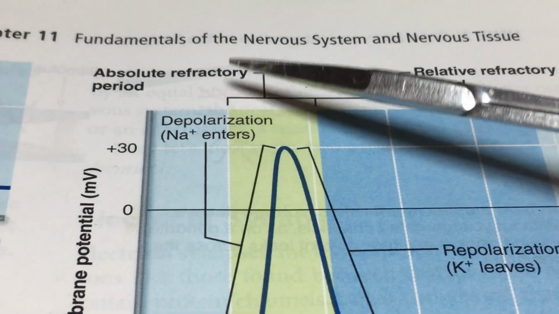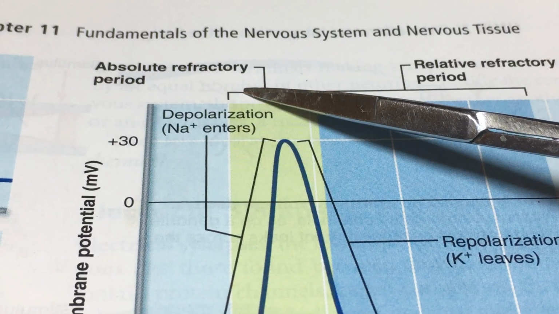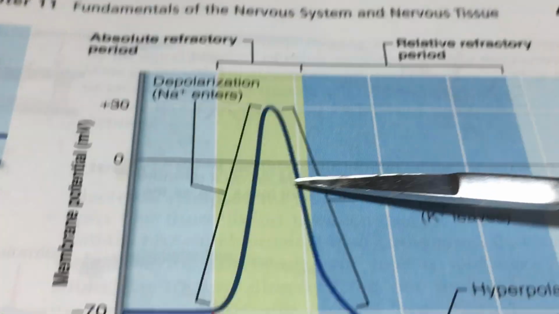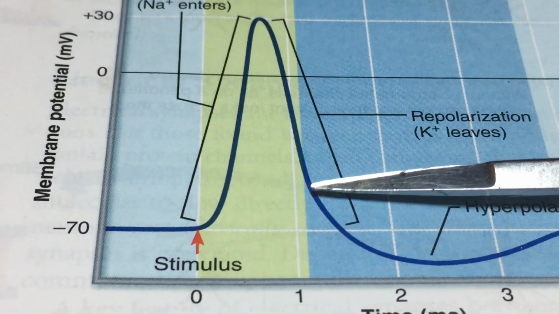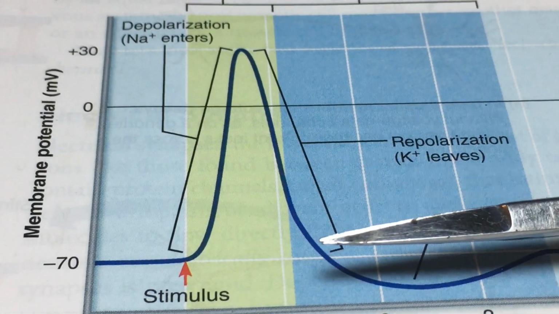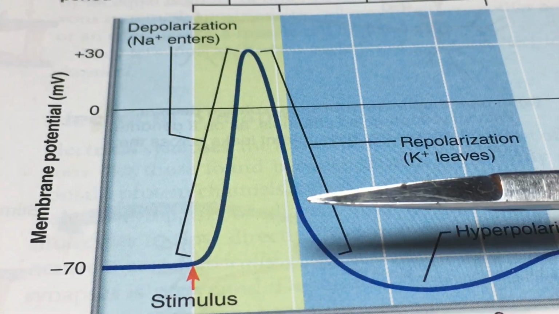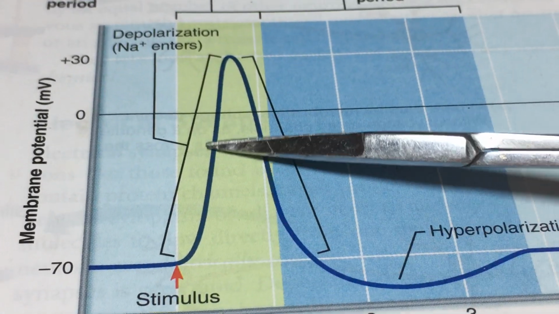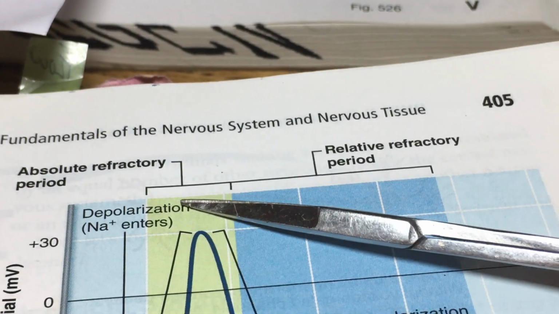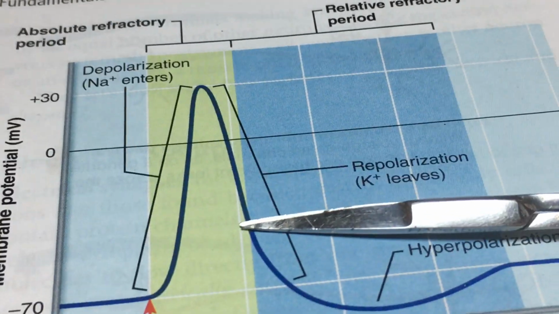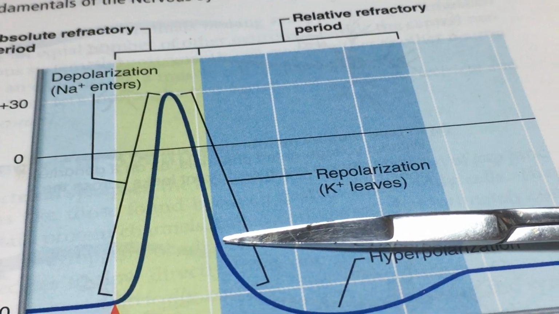Okay, so we have absolute refractory period. In other words, we have to pump the sodium back out again. We have to pump the potassium back in again in order to get that event to happen one more time. So this is an all or nothing event, and it's refractory, which is to say we can't get it to happen again until we get to a certain spot.